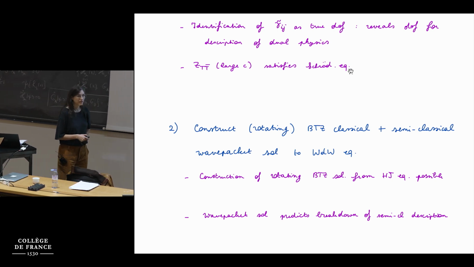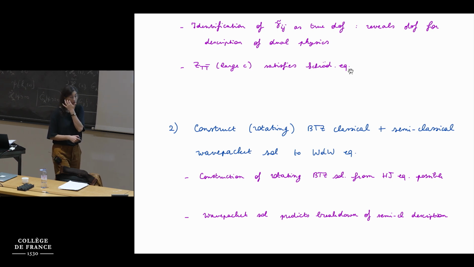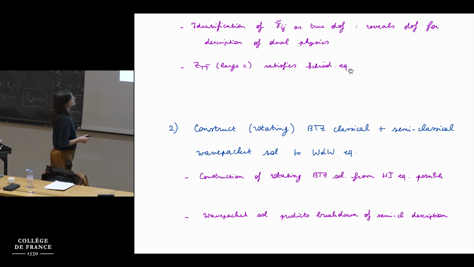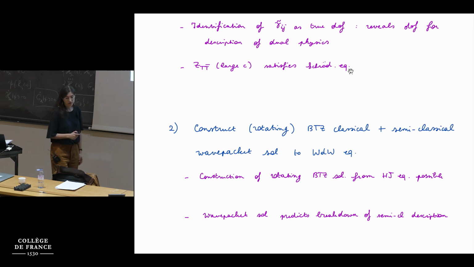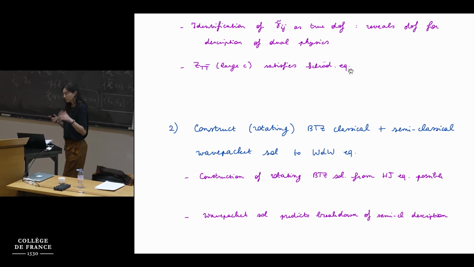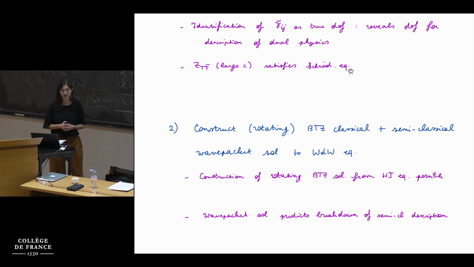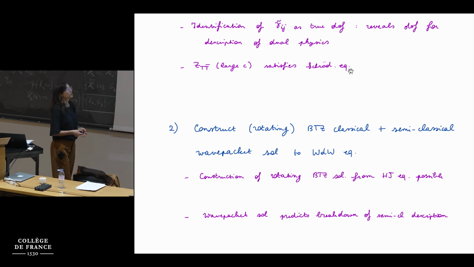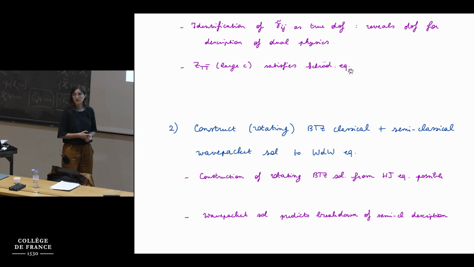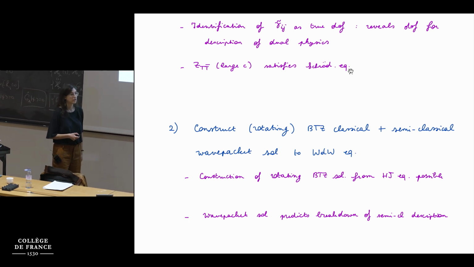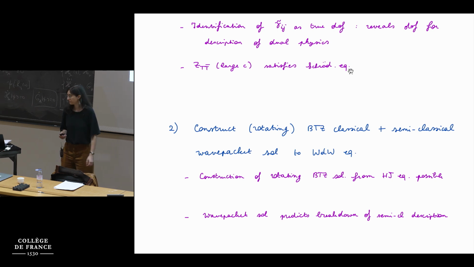It's not clear that, for example, in higher dimensions for Kerr, it is. And the main result of the wave packet discussion is that the wave packet solution predicts a breakdown of the semi-classical description, especially near the horizon.